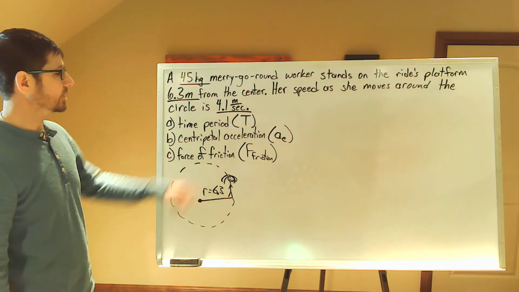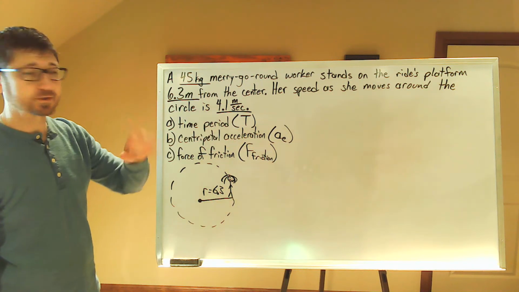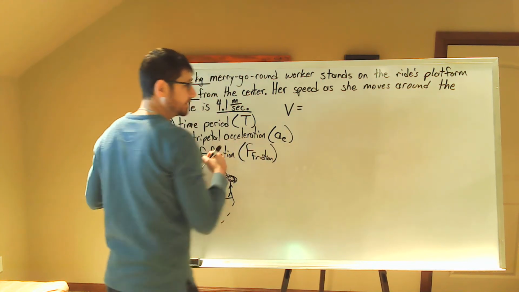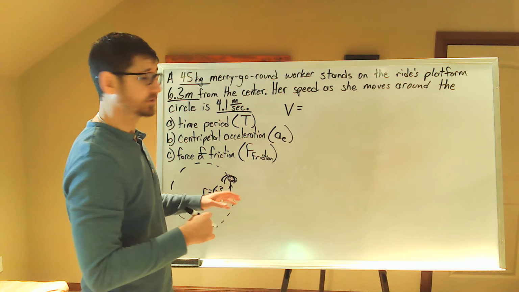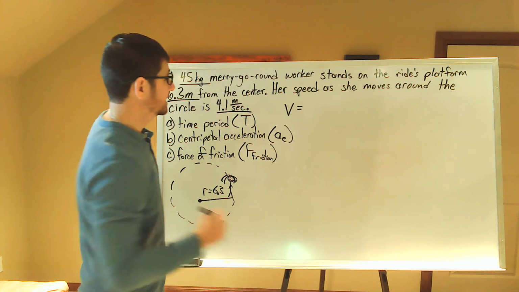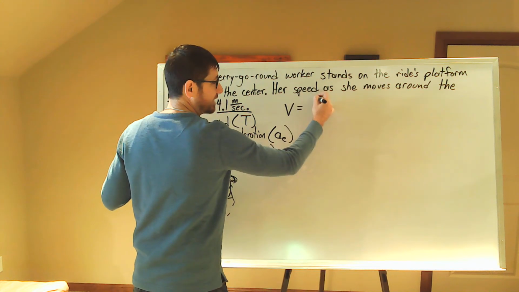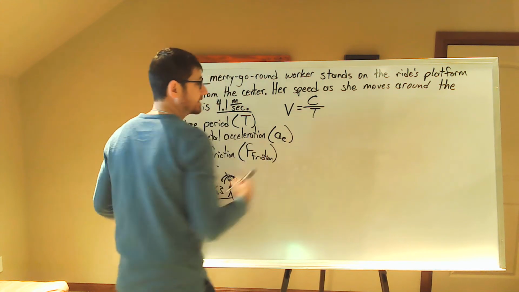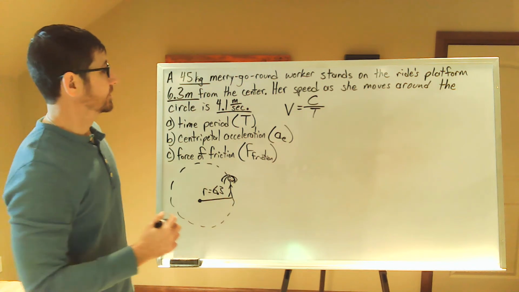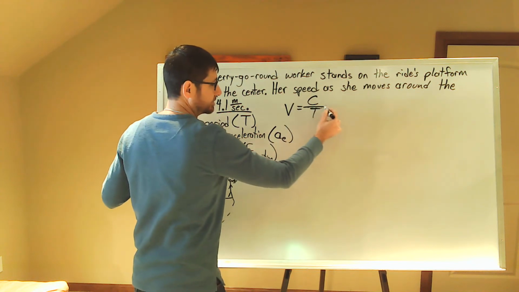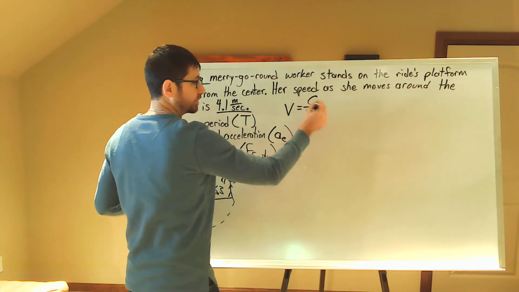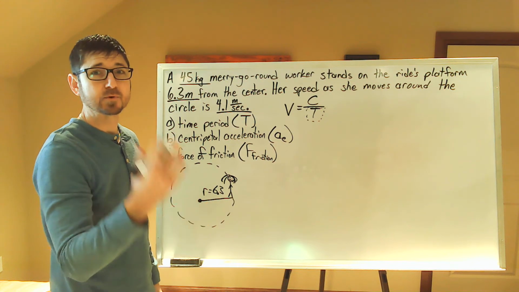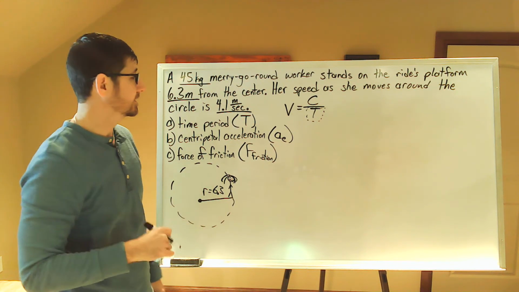So to calculate the time period here, we're going to use the base equation for the velocity of the object. We know that the velocity of an object in uniform circular motion is the displacement vector, which is the circumference of the circle, divided by the time period. So since this is our unknown right here, I'm going to multiply by time period on both sides of the equal sign, and then divide by the velocity of the object.